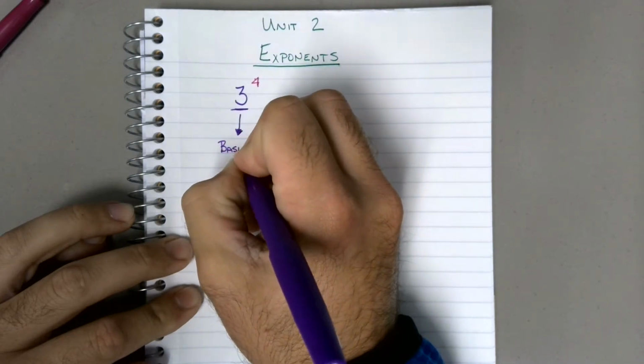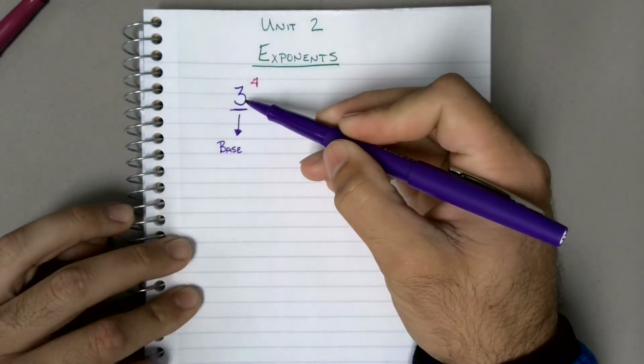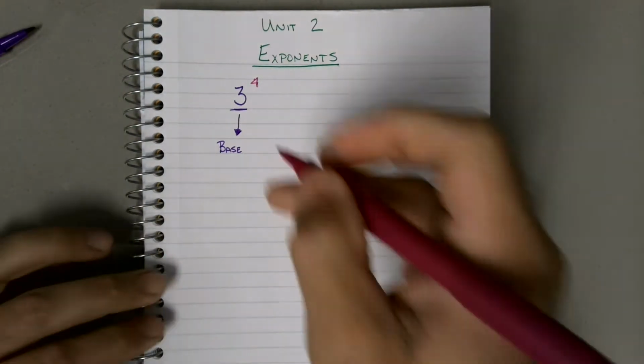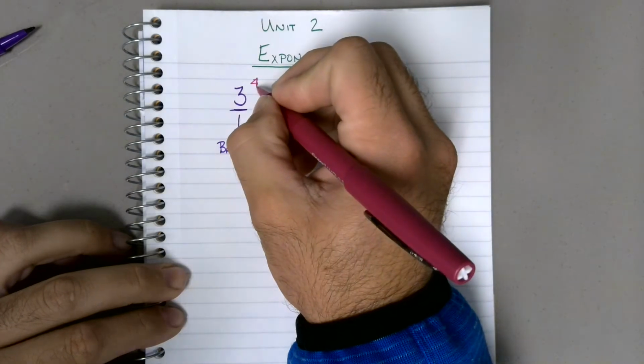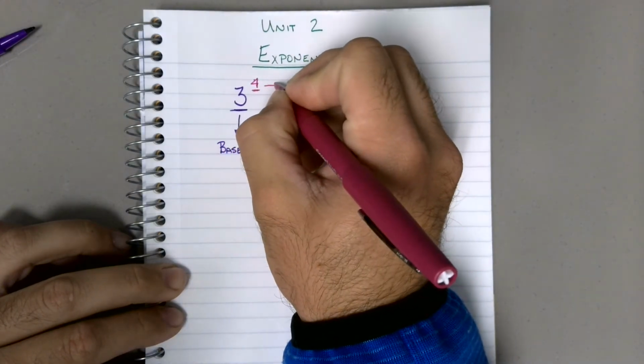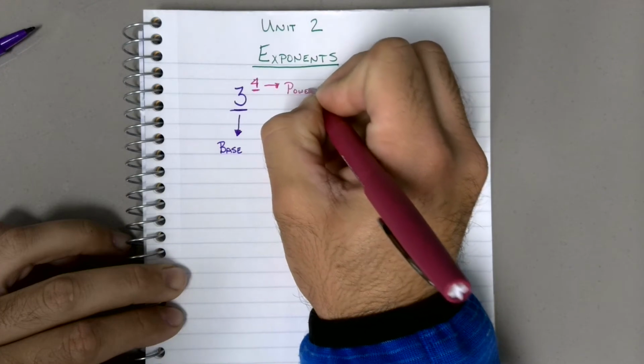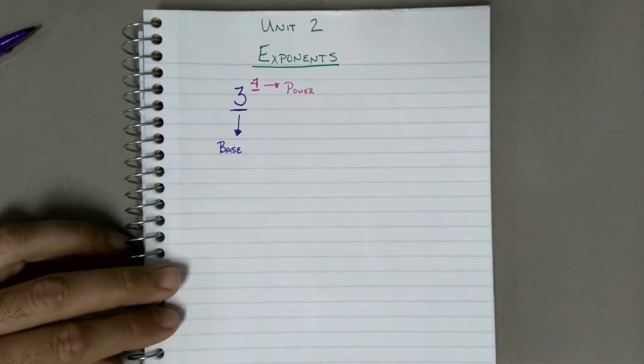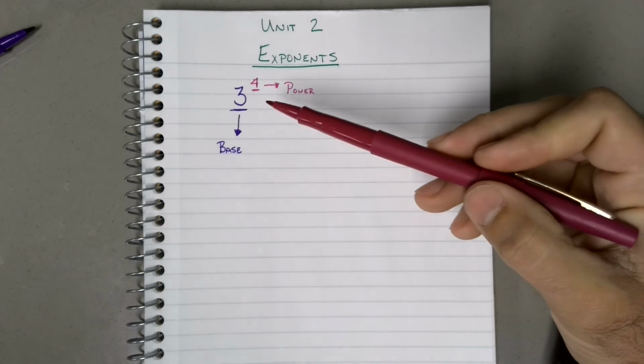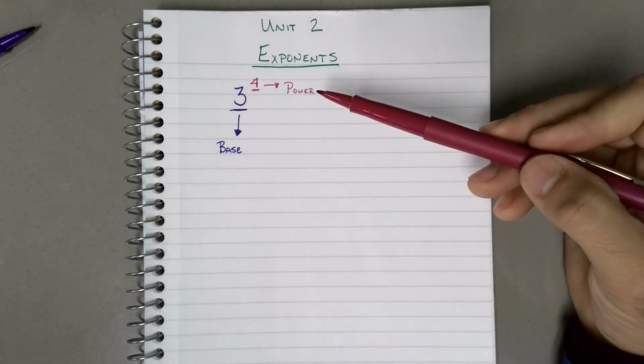So when I talk about base, I'm referring to this number right here, all right? The other number, this little one up here, this little bitty number, we call this the power because it's got the power, all right? So this is your base and this is your power, okay?